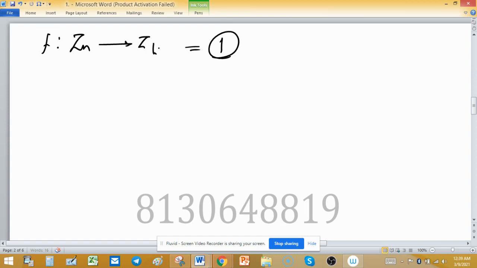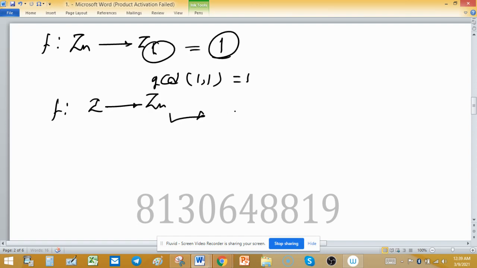So you should take the GCD of this one. GCD of 1 and 1 is 1. In the previous case we used Z to Z_n, where the number of homomorphisms is GCD of n with n, and this is equal again to 1.